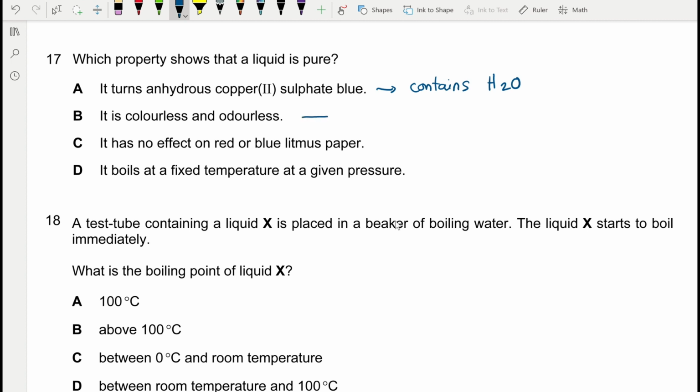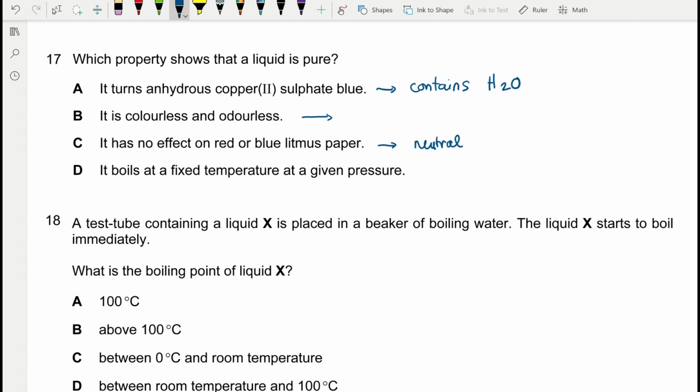A colorless and odorless liquid is not always pure because if there is a dissolved solvent that is also colorless and odorless, then it's impure. So color and odor do not tell us if a substance is pure. It has no effect on red or blue litmus paper. This just means that the substance is neutral. It doesn't mean that it is pure.